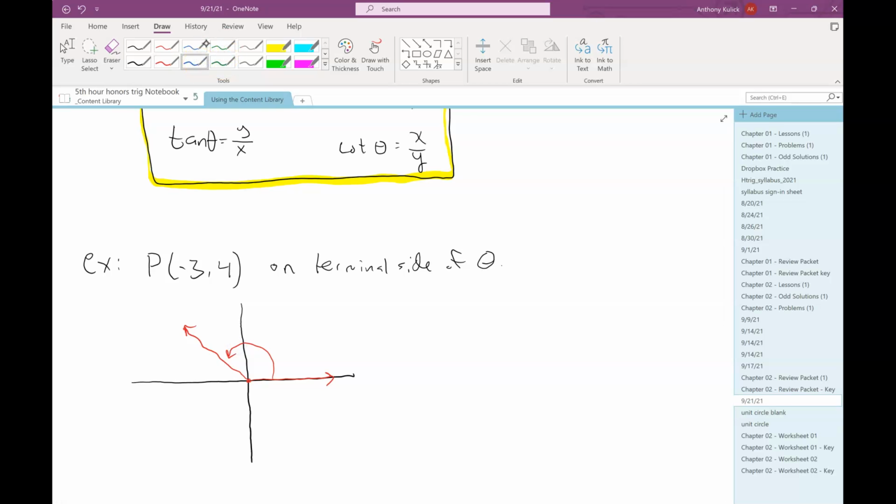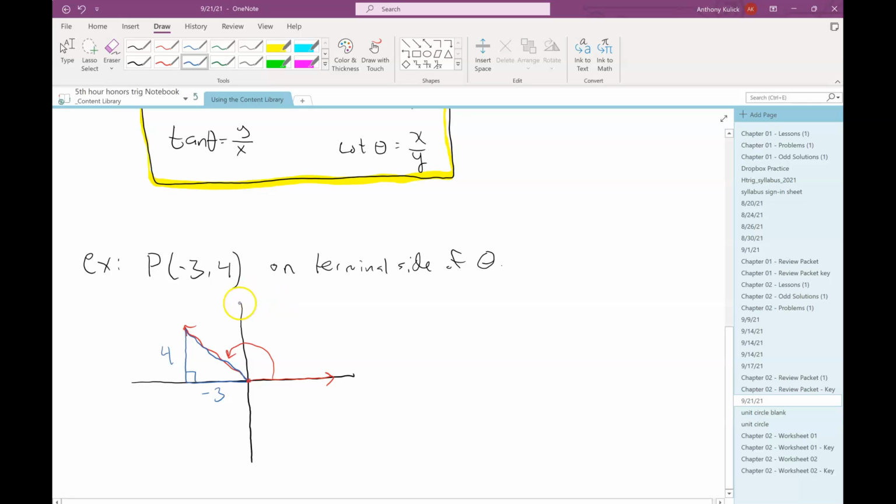Everybody okay there? So I can make my right triangle. I know this side is -3 because that's the x coordinate, and this side is 4. These reference triangles are not actual physical structures, so we're going to allow them to have negative side lengths.